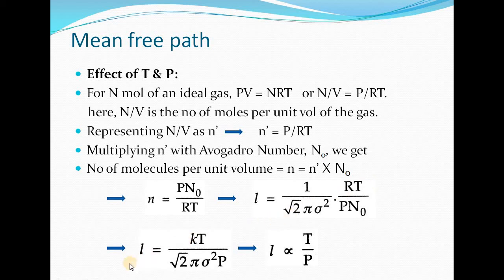From this we get L is equal to kT divided by root 2 pi sigma square P, where k is the Boltzmann constant obtained by dividing the gas constant by Avogadro number. So k is equal to R by N naught. So for the given gas, L is proportional to T by P. That is, it is directly proportional to T and inversely proportional to P.